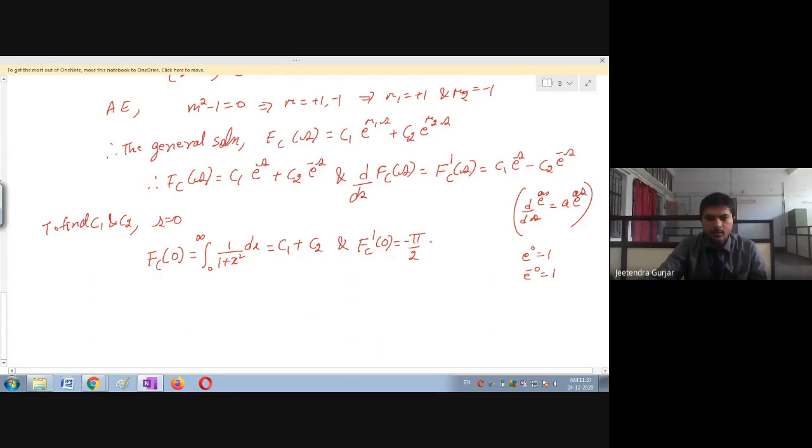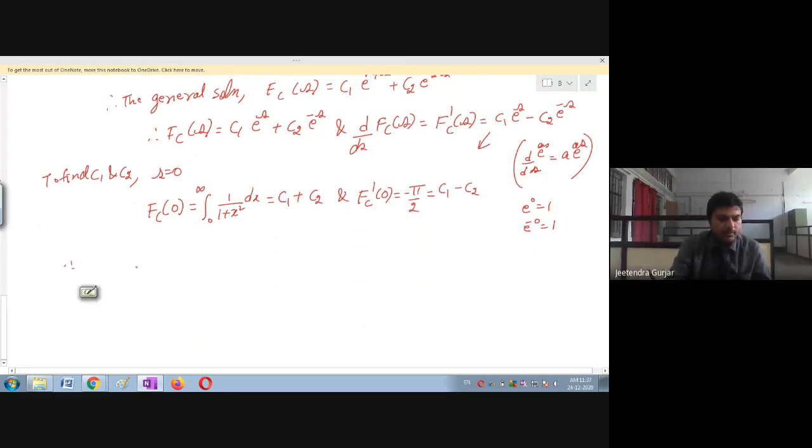Is it clear? Then this is equal to c1, continuing from this c1. e raised to 0 is again 1, so I will write 1 only, minus c2. You can see here, students, again it is e raised to 0, it is 1. Therefore I will write it like this.